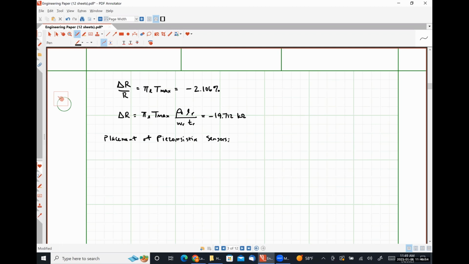With regards to integration though, let's look at a couple of simplistic renderings of cantilever beams, right? So let's say that I have a cantilever beam like so. And this guy right here would be a doped piezoresistor, or I'm just going to simplify it by calling it R because I don't want to write it out over and over again.